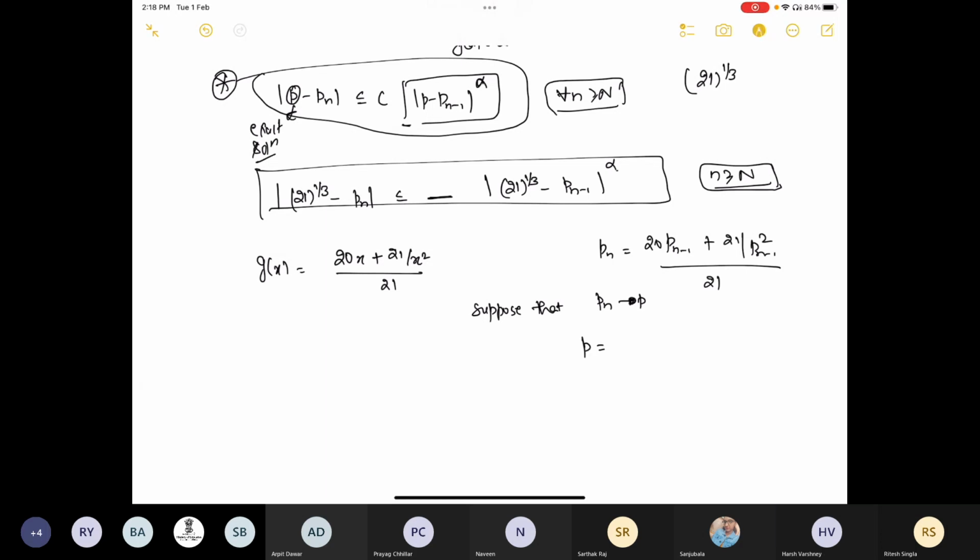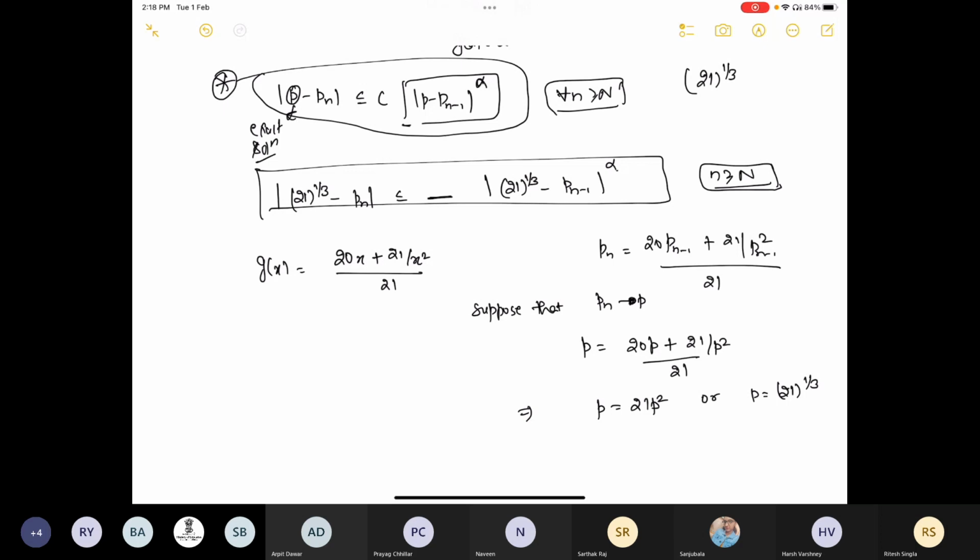So just apply the limits on both sides. So it will be (20p plus 21 upon p square) upon 21, right? So it will be nothing but p is equal to 21 upon p square, or p is equal to 21 to the power 1 by 3.